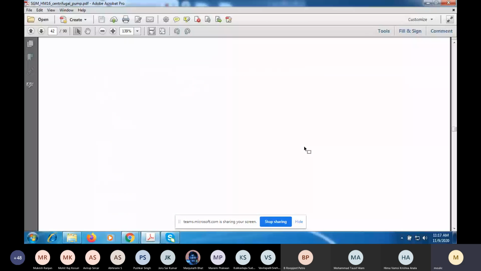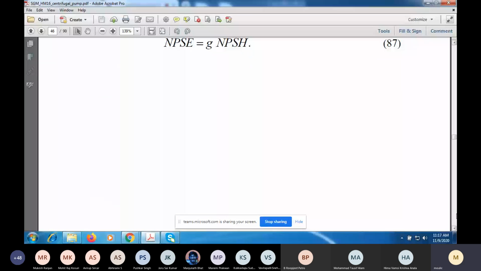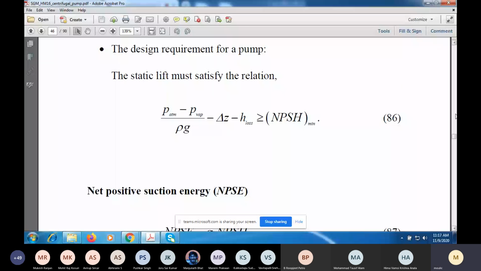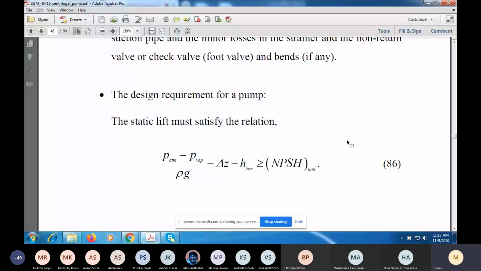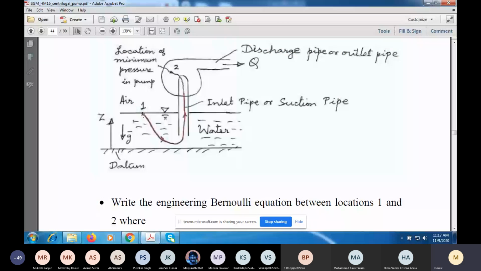Okay, now net positive suction head I've already discussed before. Anyway, I will briefly mention this again, that the net positive suction head must be greater than some minimum value to avoid cavitation. And when you apply the engineering Bernoulli equation between a point on the surface of the sump or the upstream reservoir and a point close to the inlet of the pump where the pressure is minimum, this pressure will be less than atmospheric pressure.